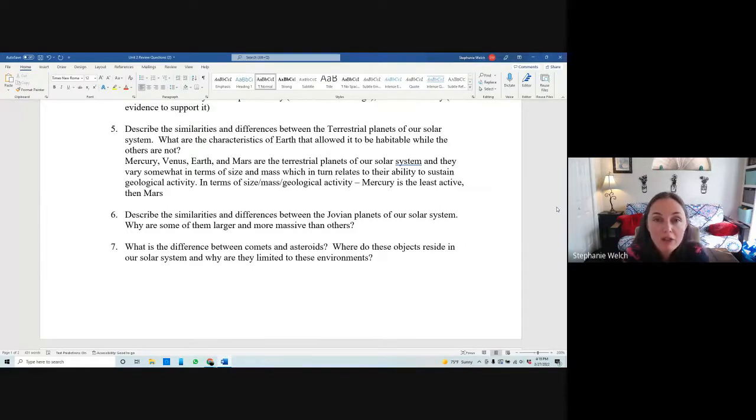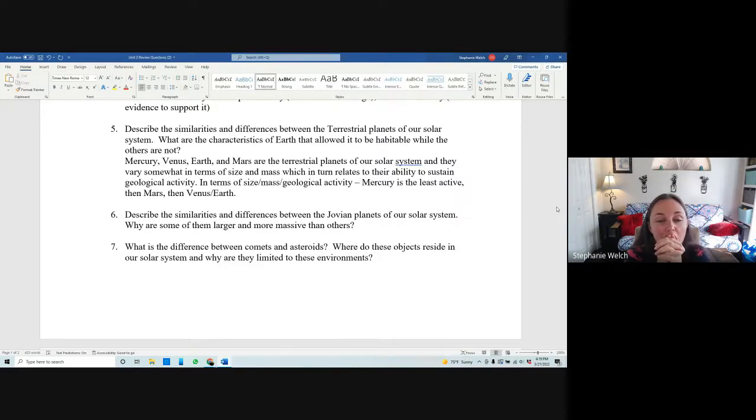There's no active plate boundary systems. There's no active magnetic field, which has led to the degradation of the planet's atmosphere and its ability to retain water on the surface. So Mercury is the least active, and then Mars, and then Venus, followed very shortly by Earth.